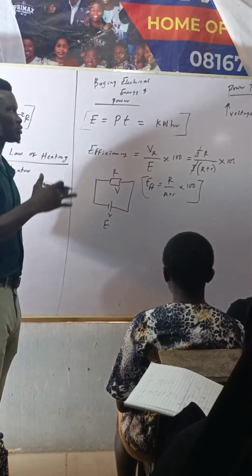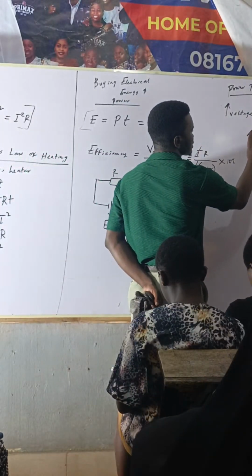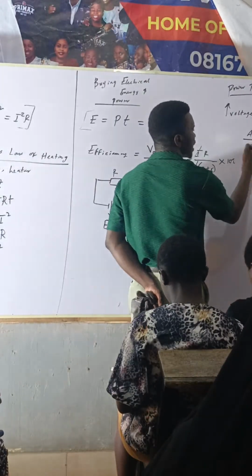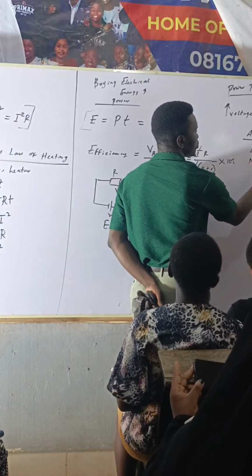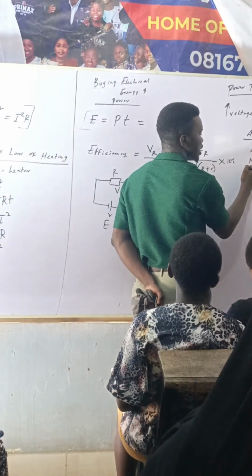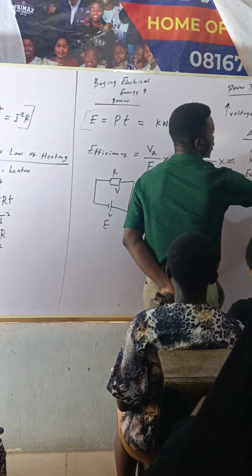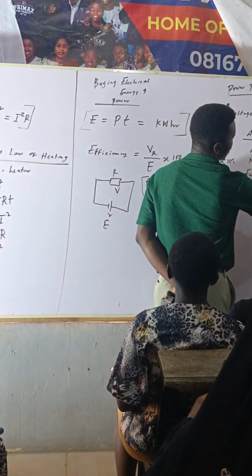So at the end of the day, most of your appliances use some plugs, some circuits. Remember, in your house you have a live wire, you have a neutral wire, and in your plug you have an earth wire. What's the color of the live wire? It is either red or brown.